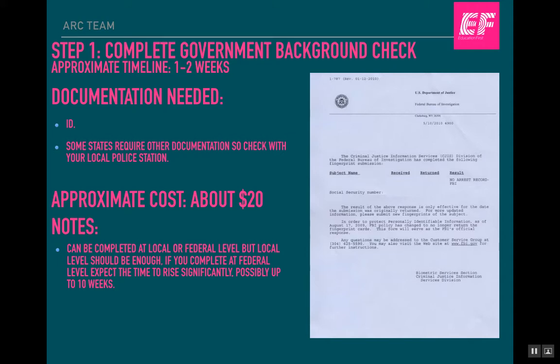So we would recommend going with a local state-based criminal background record check. Double check with the city that you're going to, double check with the school and the HR team there that the local level criminal background record check would be enough. But like I said, for the vast majority of cities, it is enough. It's cheaper and it saves significant amounts of time.